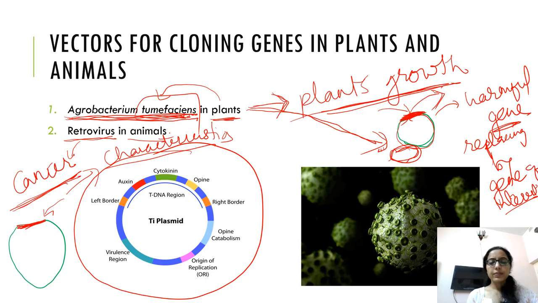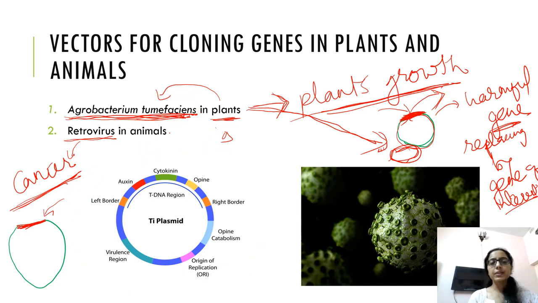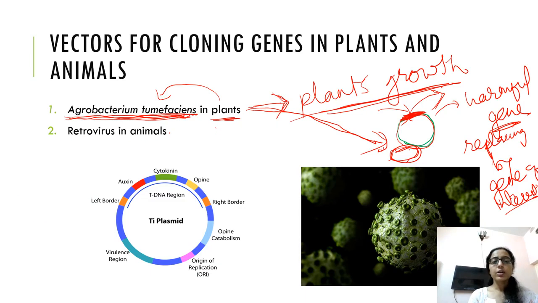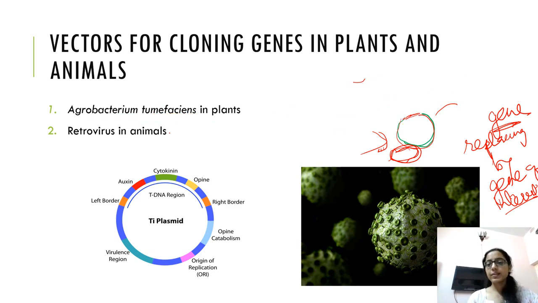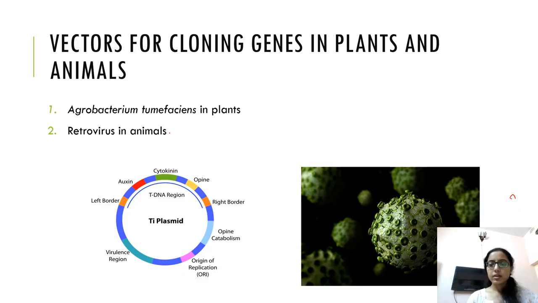So here we are using harmful organisms like Agrobacterium tumefaciens and the retrovirus, which cause disease in plants and animals, for our benefit. We are taking advantage of their multiplication in plants and animals.